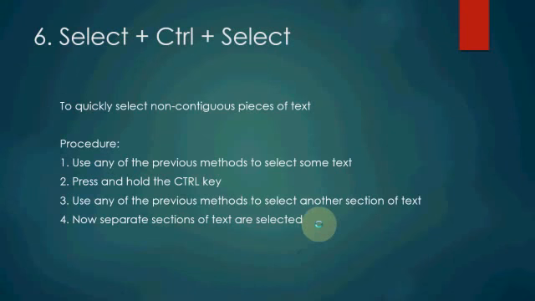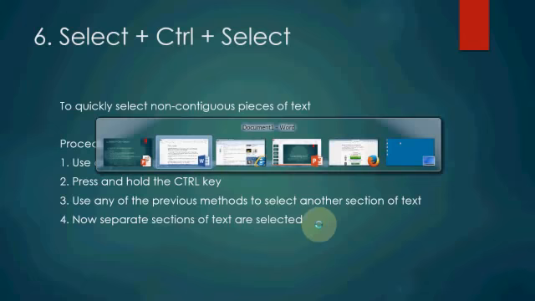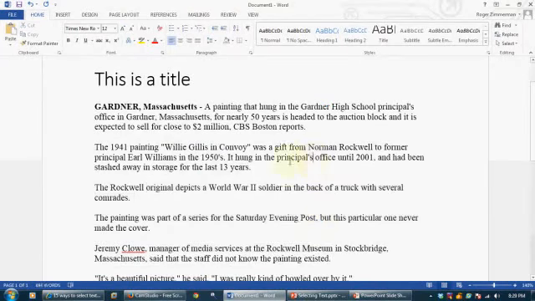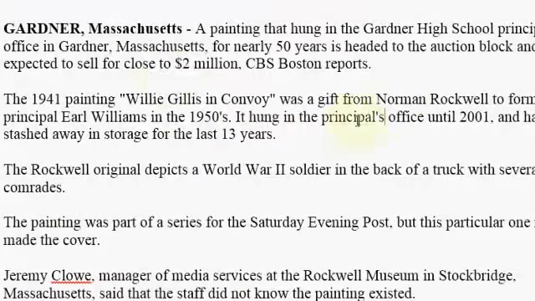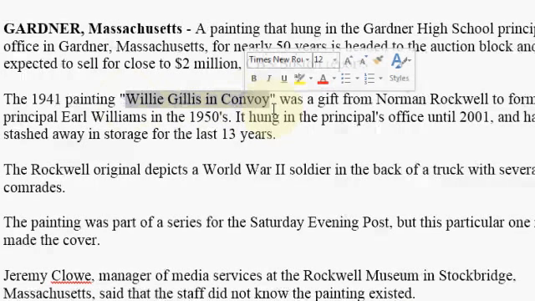The next one is the select control select. Now notice I didn't say click, I just said select. And the reason is this. Let's imagine for a moment that I want to select Willie Gillis in Convoy and Rockwell Museum in Stockbridge. So I'm just going to use this click and drag method to select that first part.